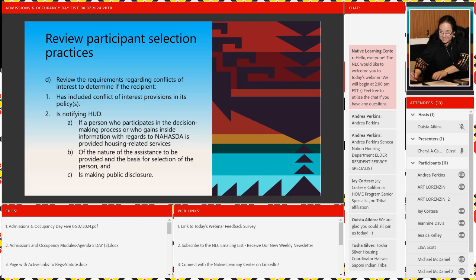If they are notifying HUD, if a person who participates in that decision-making process, who gains inside information with regards to NAHASDA, is provided housing-related services, of the nature of the assistance to be provided and the basis for selection of that person, just in case they're related to one of your decision makers or your staff. And if you're making that public disclosure, if you're putting that statement up that I showed you yesterday.